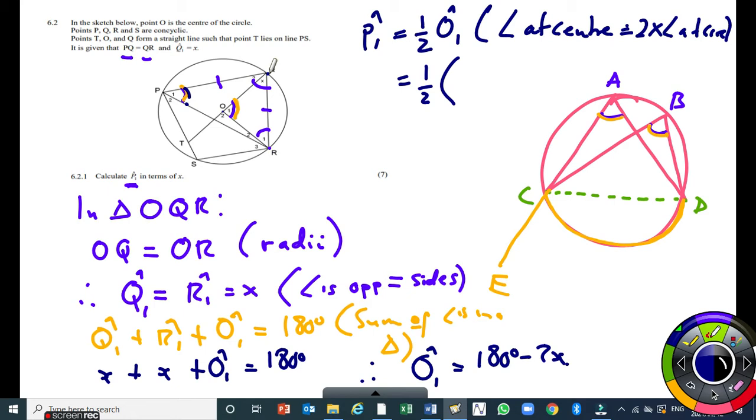Yes, one is at the center, subtended by the same chord as the one which is at the circumference. Why is it also equal to that? No. Because O2 is not subtended by the same chord as P1.